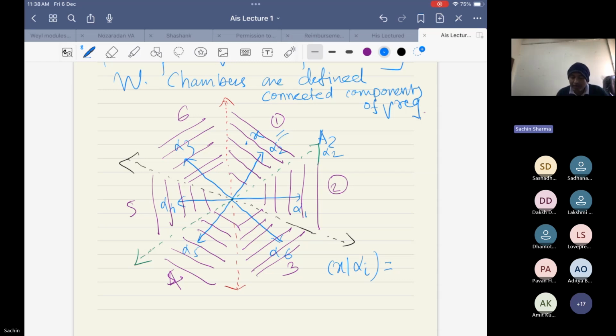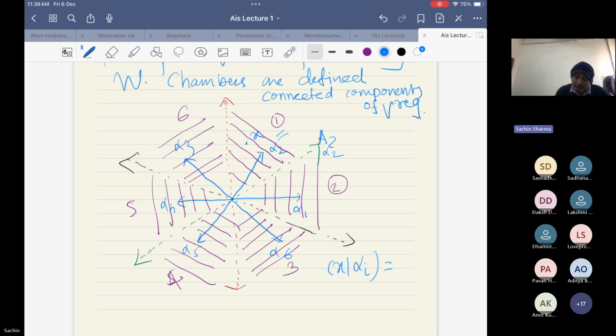So I want all of the alphas, with respect to the x, whose inner product is greater than 0. You will see that this alpha 1 has an inner product greater than 0 if the angle between them is acute.